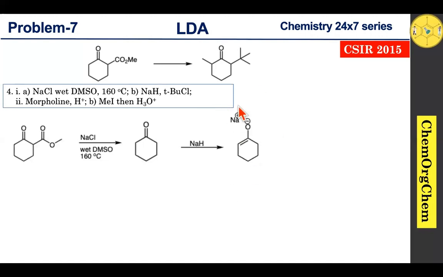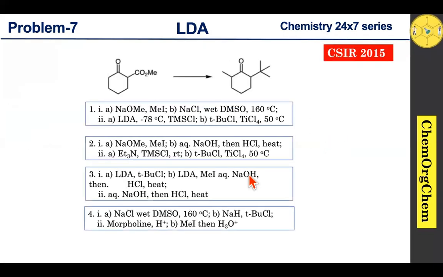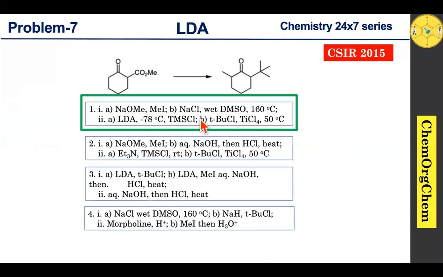Once again, this enolate ion is a good substrate for SN2 type reactions, but tertiary butyl chloride is a good substrate for SN1 type reactions. Therefore, this reaction condition is not suitable to produce the corresponding ketone product. Based on our discussion, the first reaction condition is suitable to produce the corresponding ketone product. Therefore, this is the correct answer for this question.